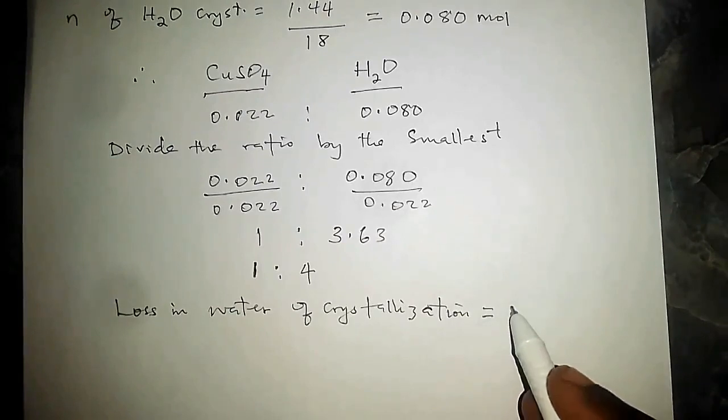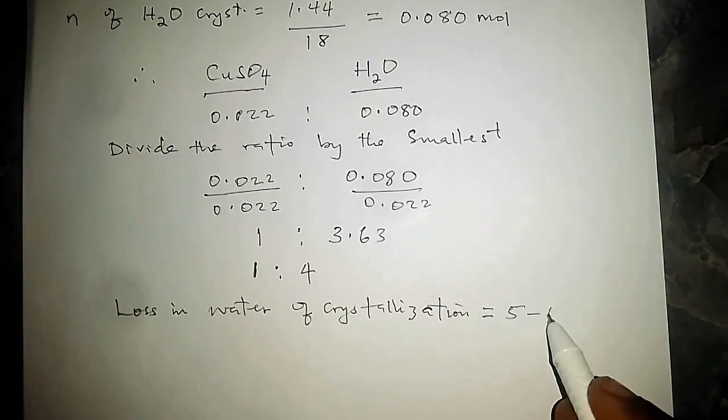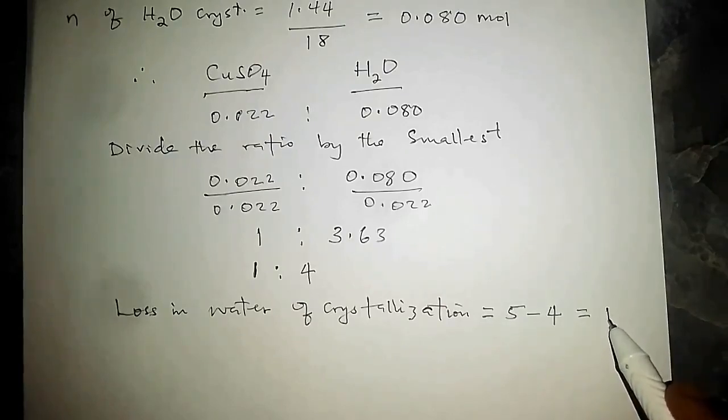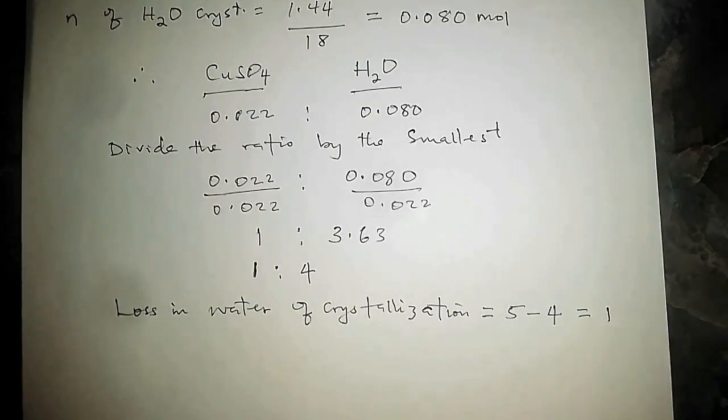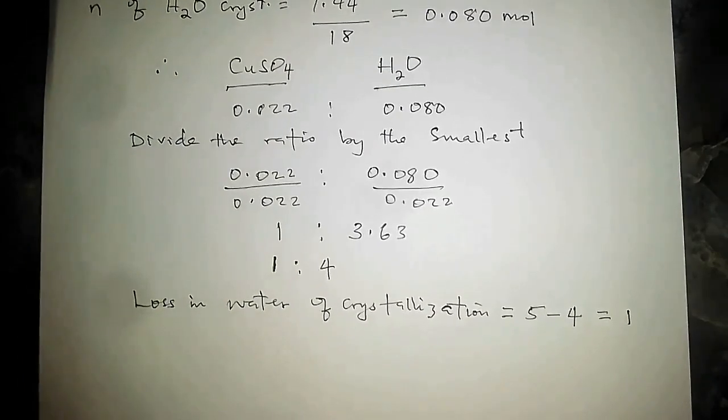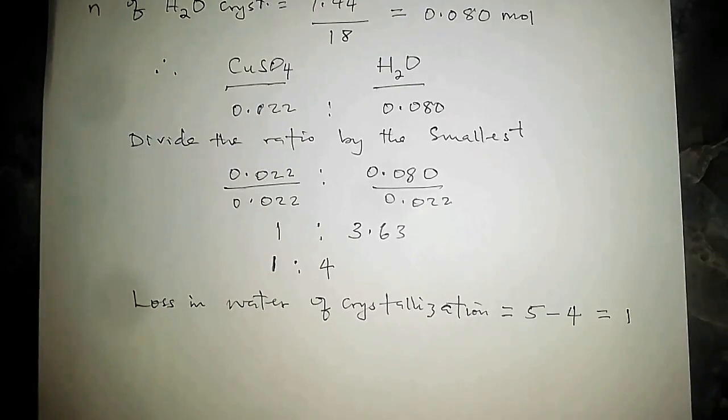So we subtract 4 from 5. So 5 minus 4 is equal to 1. The loss is just 1. So going by the options in the question, option A is the correct answer.